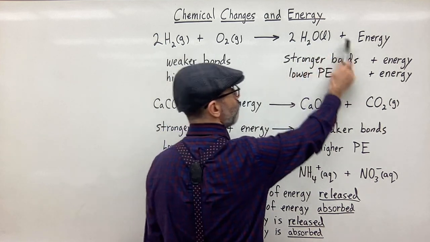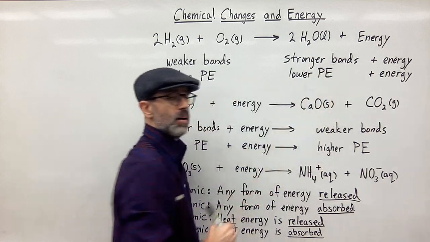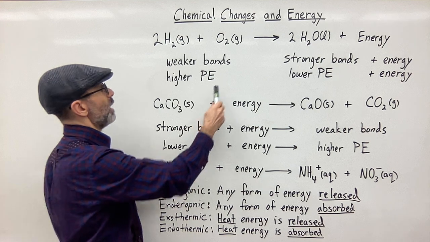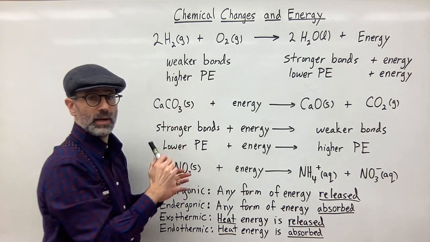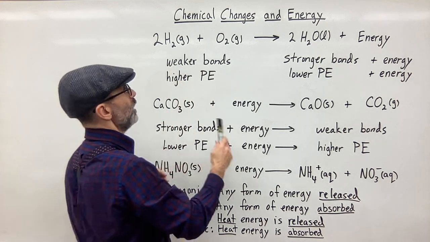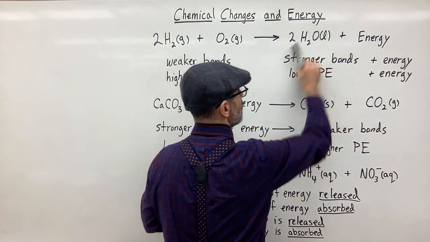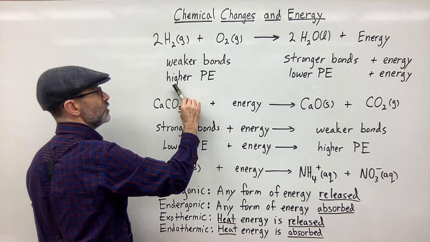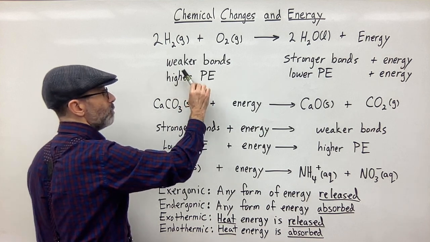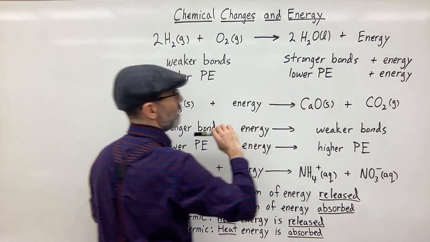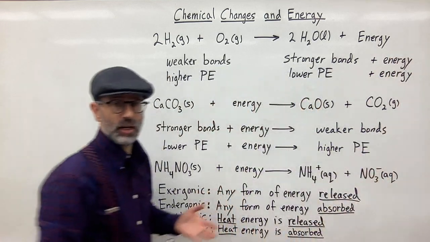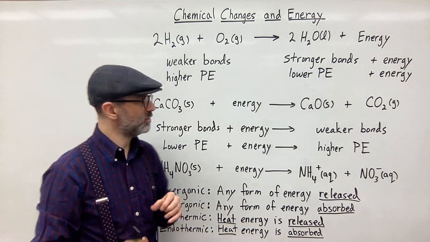So here, because I'm forming stronger bonds, more energy is being released compared to the amount of energy absorbed to break the bonds, and so the overall is going to be a release of energy. I hope I said that right.